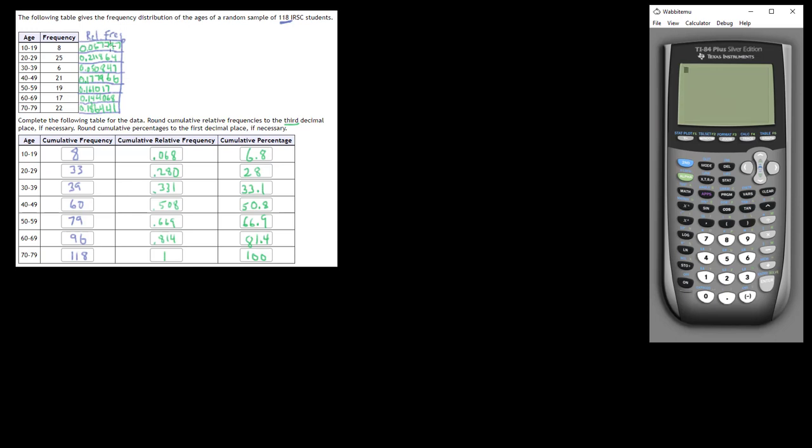I rounded these values to 6 decimal places, and then because I don't want to round these to 3, because if you round these to 3, you might get some error when you start adding up the frequencies to get these entries. So you want to round these to more decimal places than your final answer, just to be on the safe side. And then to get percentages, we just multiply the relative frequencies by 100 to get the percentages.